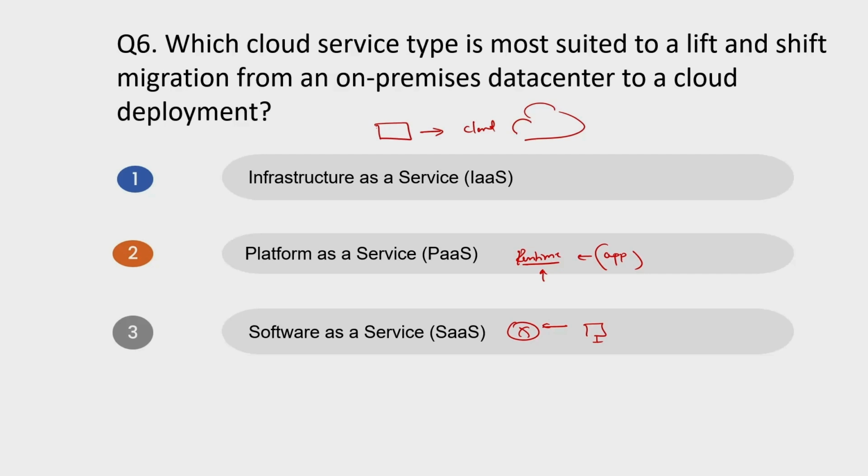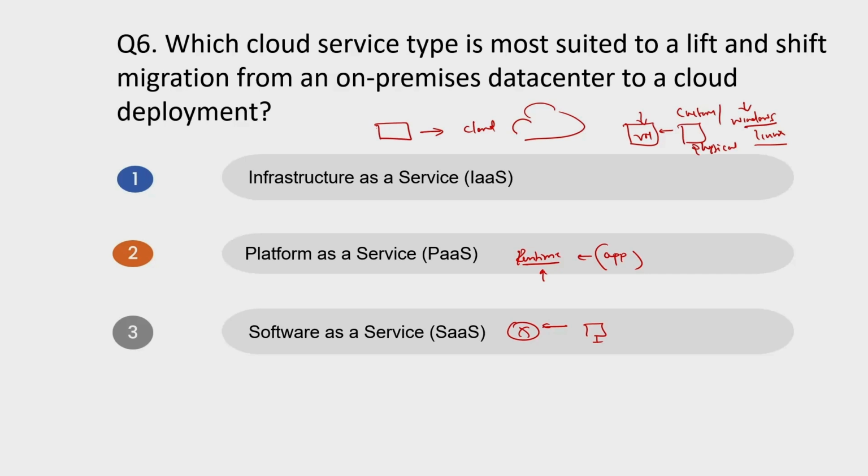In infrastructure as a service, if you are running a custom application, so let us say you have a virtual machine in your on-prem environment, or you can also have a physical server. You are running some kind of custom application on a specific operating system, say Windows or Linux, and you have tweaked the operating system registry or configuration files on Windows or Linux, and you are able to run that particular application.